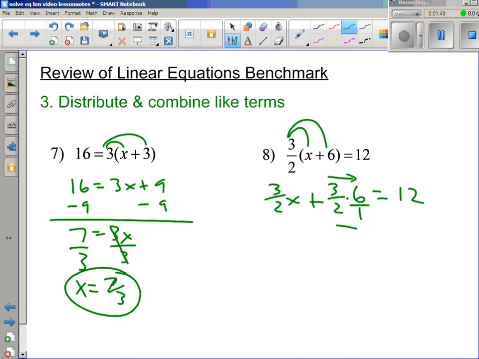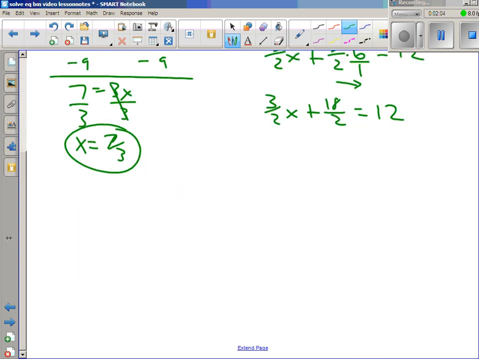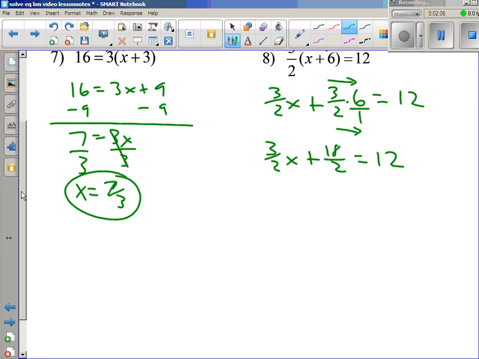And remember, multiplying fractions, we multiply across the top and across the bottom, giving us 3/2 x plus 18 over 2. As you work on these problems for a while, you might find some shortcuts, but this method works. We'll simplify now. 18 over 2 is 9, and it's a 2 or 3 step problem from here.